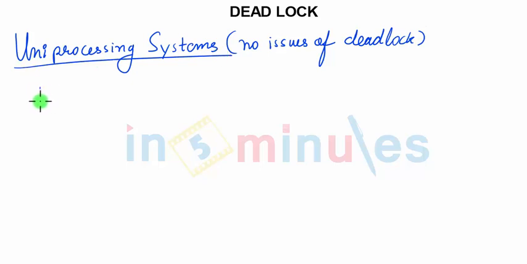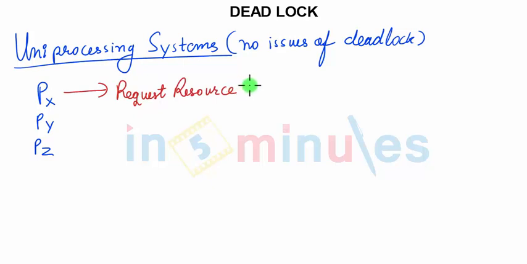In a uni-processing system, out of n available processes, let's say process X, process Y, process Z. Process X will start, may request a resource, let's say resource X. That resource gets allocated to it, and once it is used, it is released.